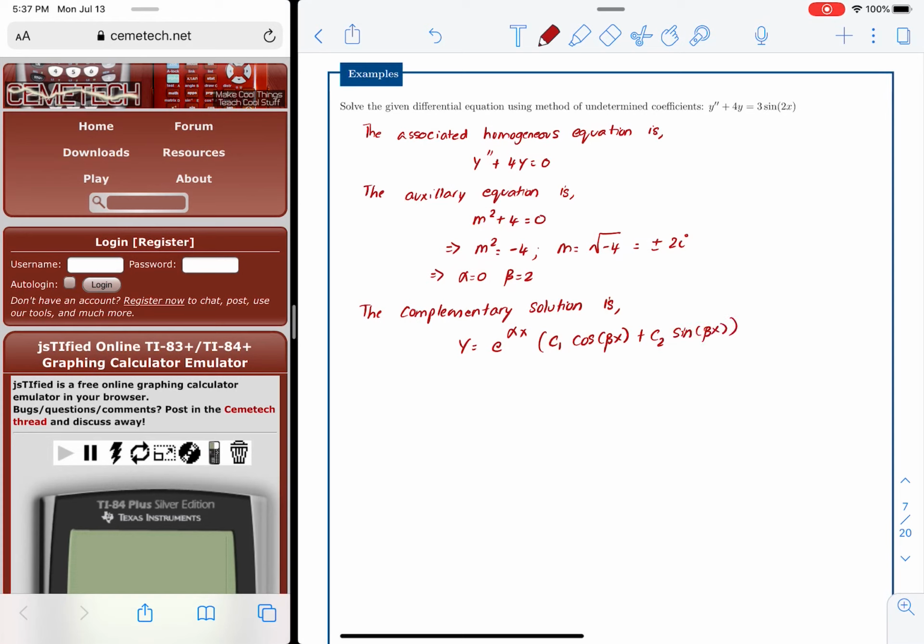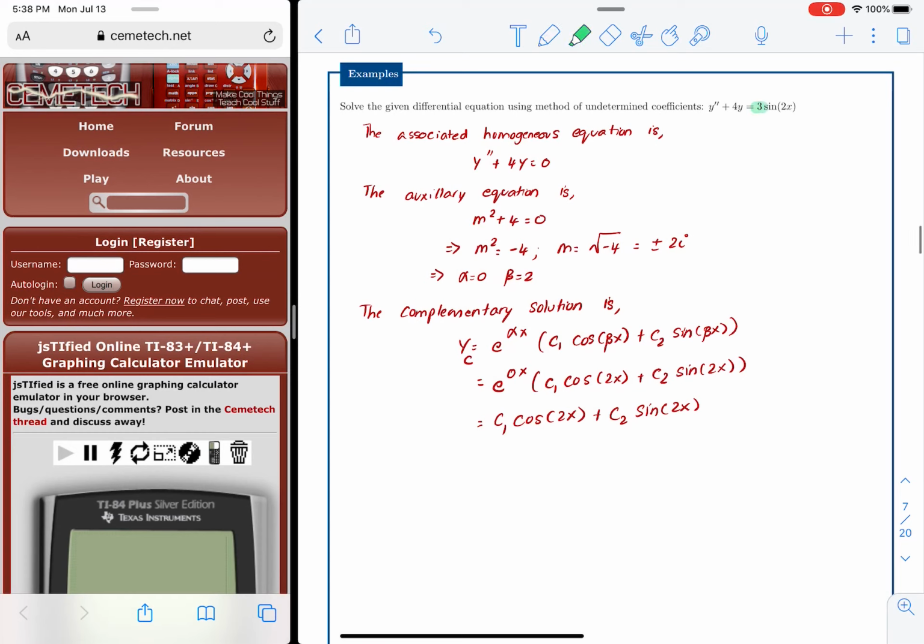We found beta to be 2, alpha is 0, so e raised 0 x, c1 cosine 2x plus c2 sine 2x. That would simply give us c1 cosine 2x plus c2 sine 2x. Now that is just the complementary solution, and we have to find the particular solution now.